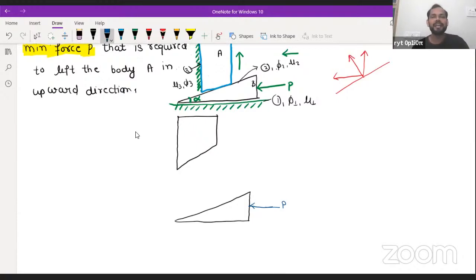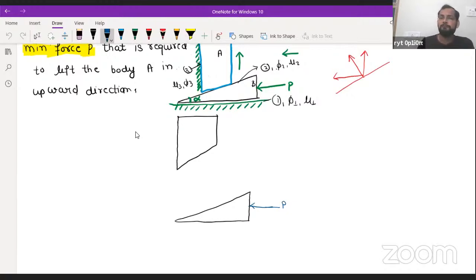The first is the normal reaction, and the normal reaction always occurs whether the surface is rough or smooth. But the friction force will occur only when the surface is rough. So here all the contact surfaces are rough, and that means at the contact surfaces we will find normal reactions and friction forces.